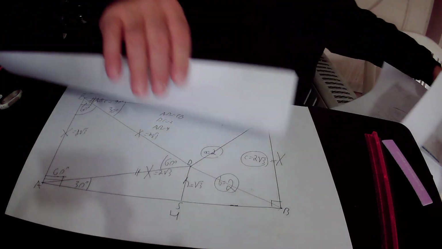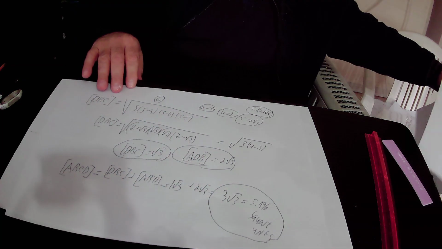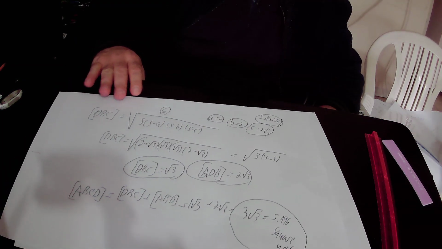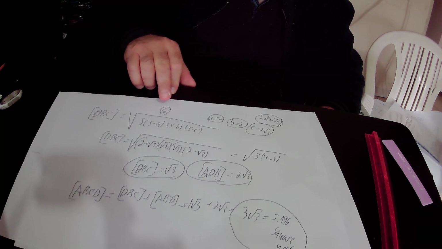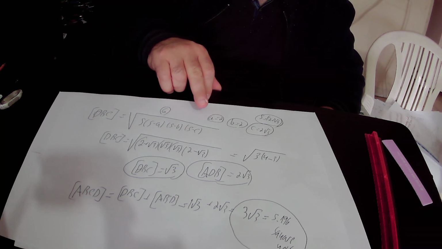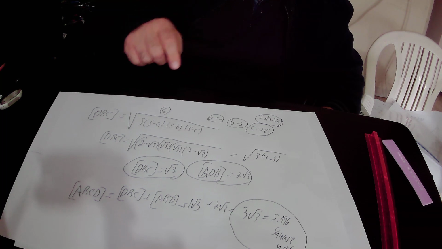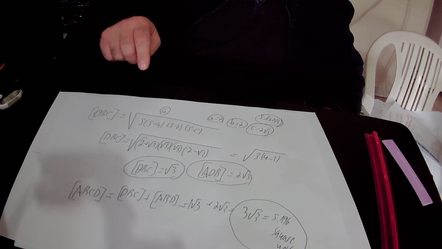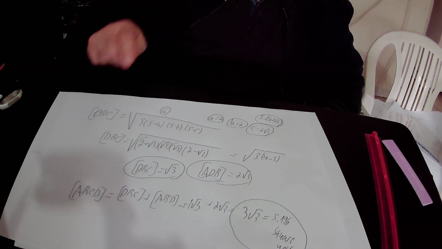The formula for the area of triangle DBC is equal to the square root of S times (S minus A) times (S minus B) times (S minus C), where S is the semi-perimeter of the triangle and A, B, and C are the lengths of the sides of triangle DBC.